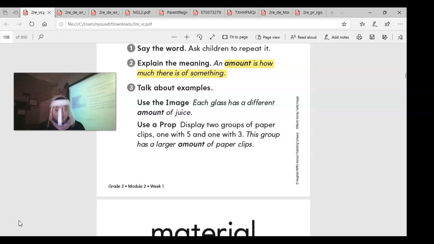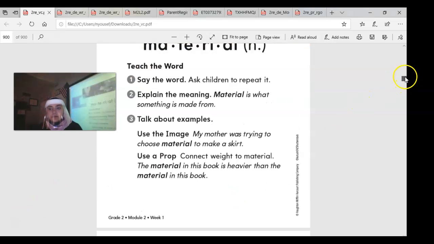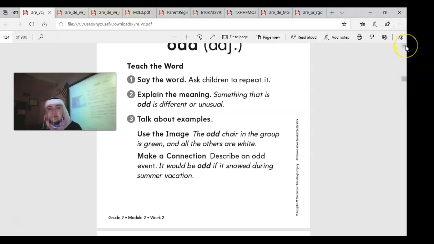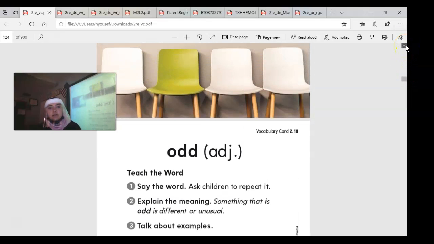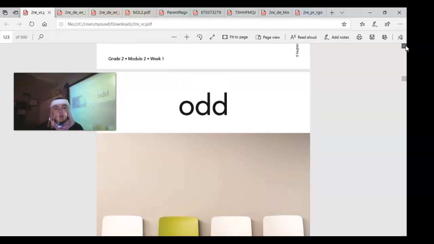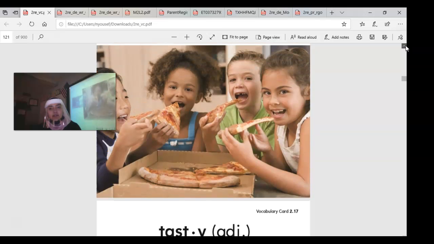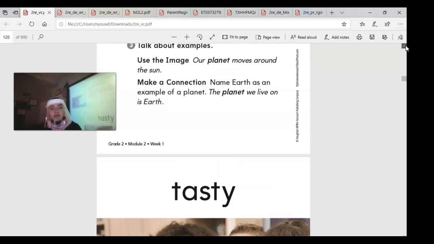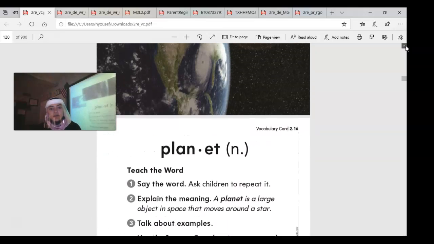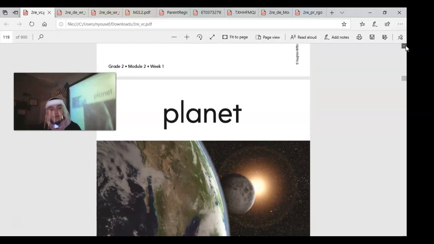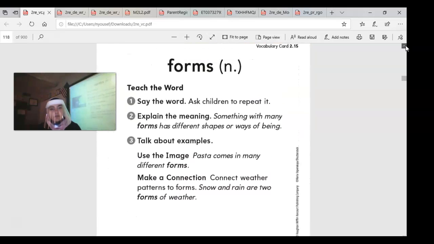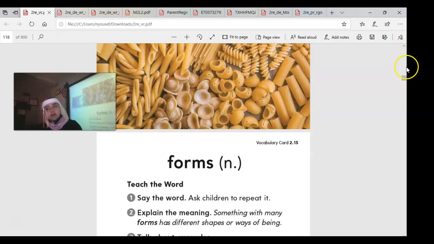Okay, the next word is material. Let's look at the picture they have for material.